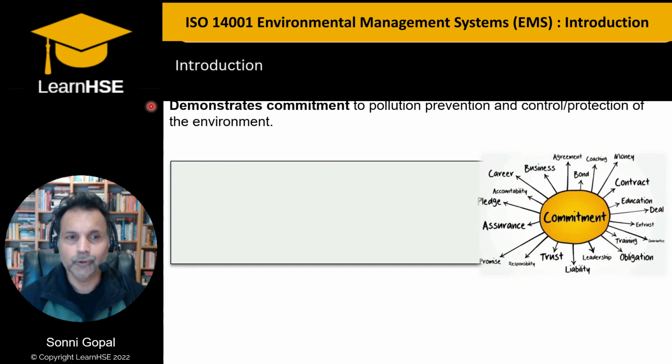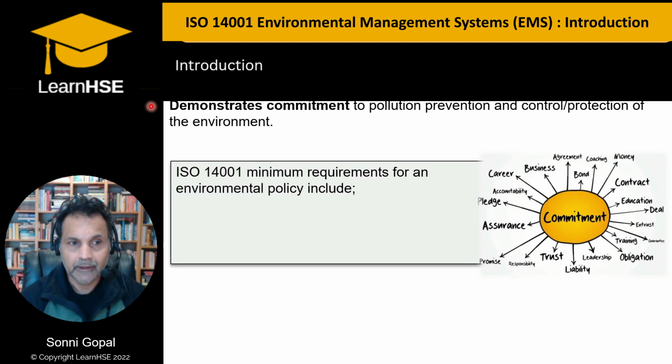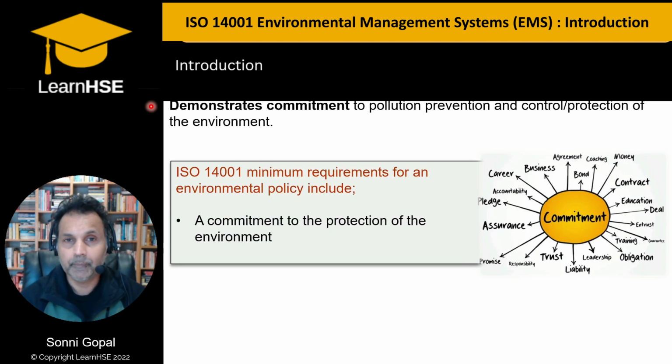When it comes to demonstrating commitment towards pollution prevention and control or protection of the environment, in ISO 14001 there are minimum requirements for an environmental policy, and these include a commitment to the protection of the environment and a commitment to the prevention of pollution.